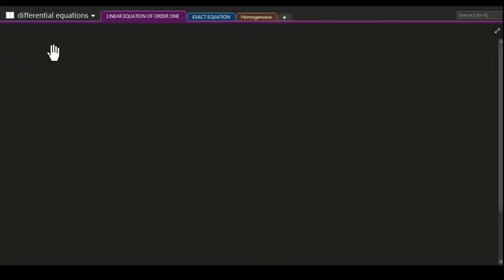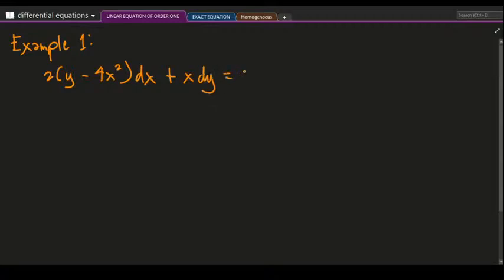Okay, so let's have our first example. We have 2y minus 4x squared dx plus x dy is equal to 0.